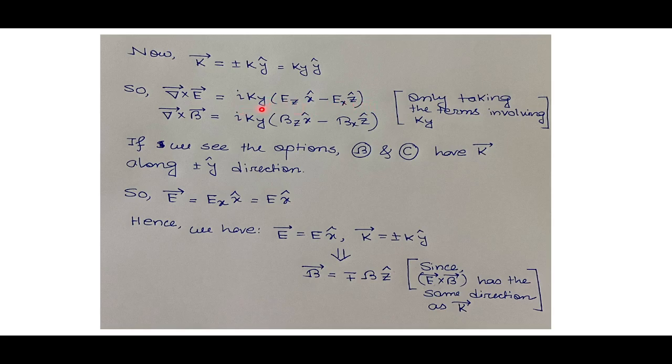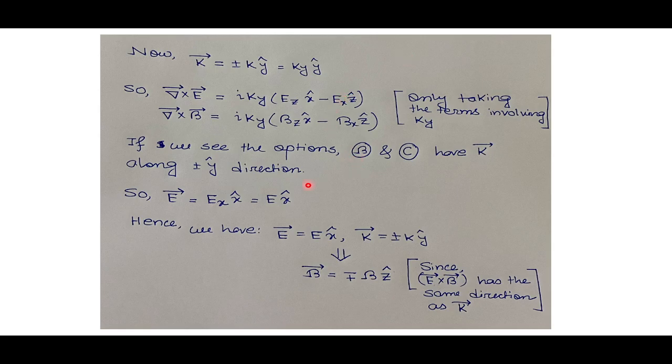Because only the ky term survives; the other terms in the expansion will be 0, and similarly for B. Now you have to look into the options, because here both possibilities are possible. It may be Ez or Ex or a combination of both, because plane polarized means it will remain in a plane only, right? The normal of the plane is along x cap or z cap.